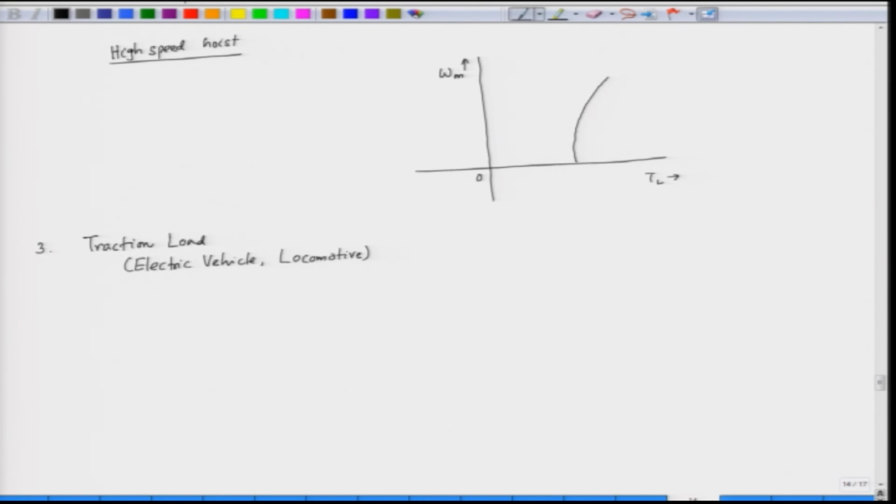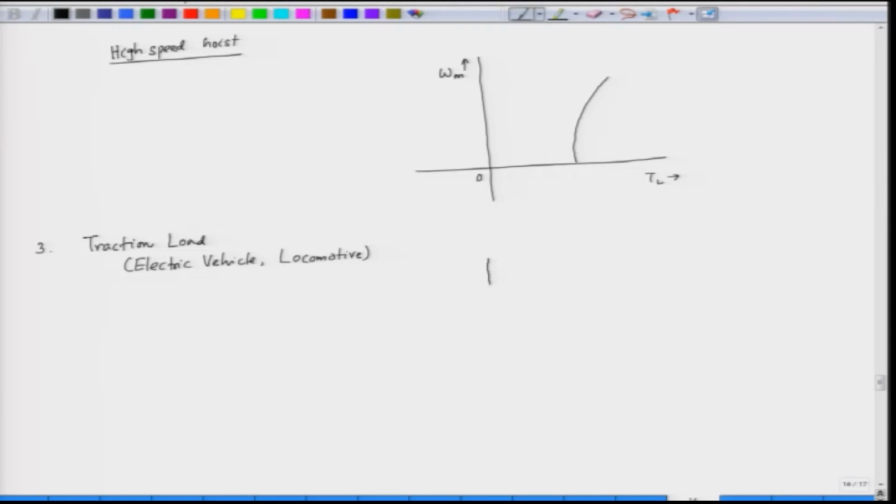Now, when we talk about a traction load, the maximum torque is primarily at the starting. When the machine starts, it has to overcome a lot of static friction. We have a large amount of static friction. So, the traction load is characterized by a large static friction, and the torque decreases as the speed increases.